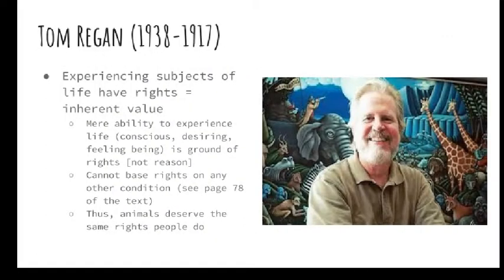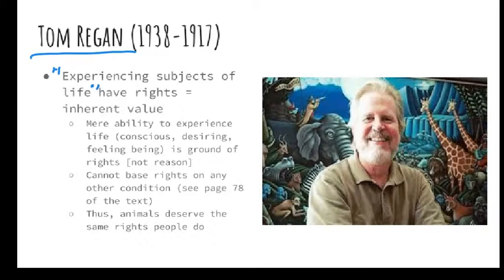Okay, another theory of rights they have in your book is Tom Regan's theory of rights. It's really interesting. Ultimately, Tom Regan made the argument that the source or ground of rights is in experiencing subjects of life.